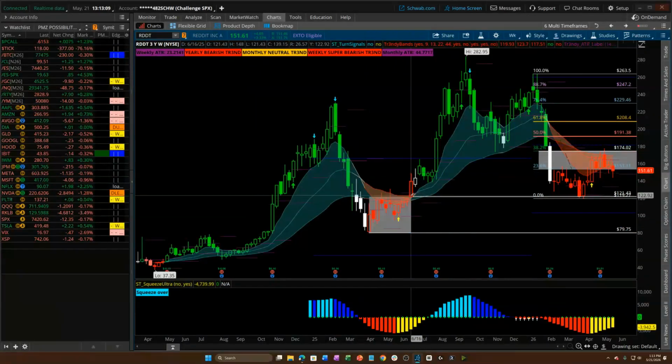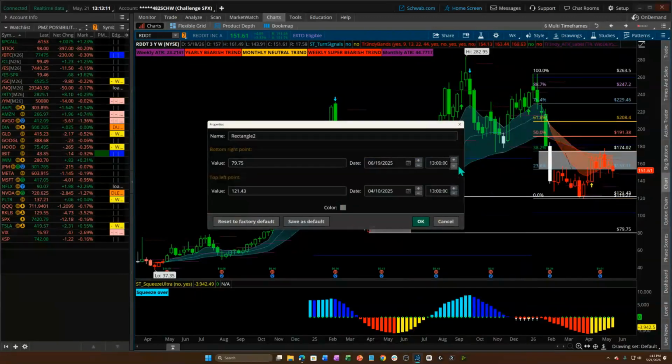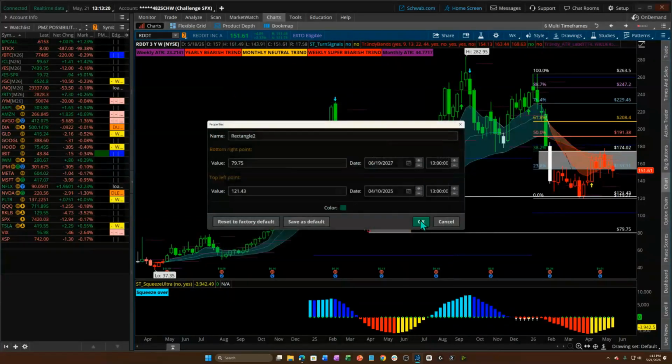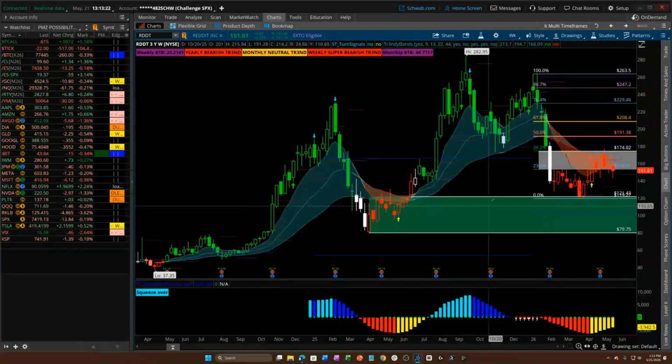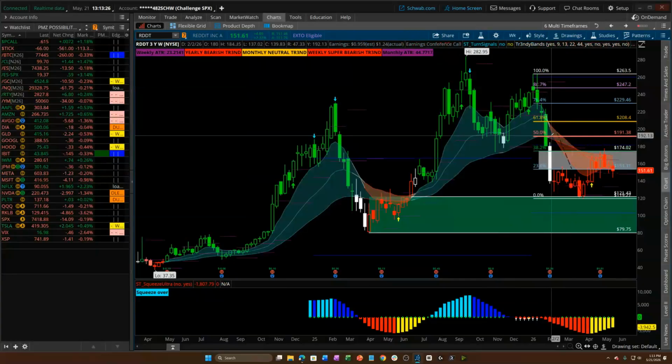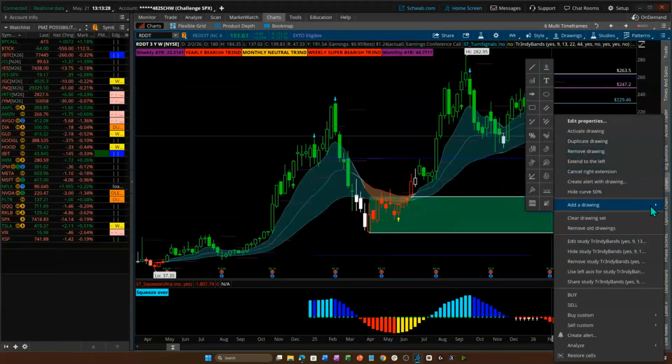Beautiful. It's been tested, but nonetheless, it's a beautiful demand zone right there. All right. Okay. This is my first target, this bear channel, and then the bearish GP.